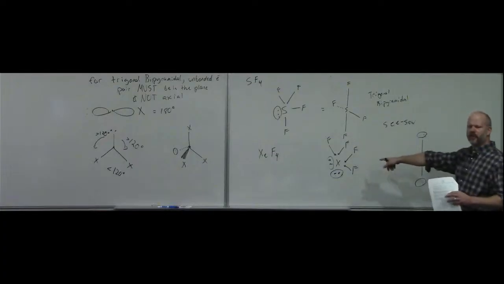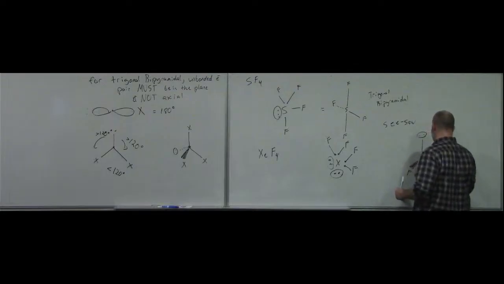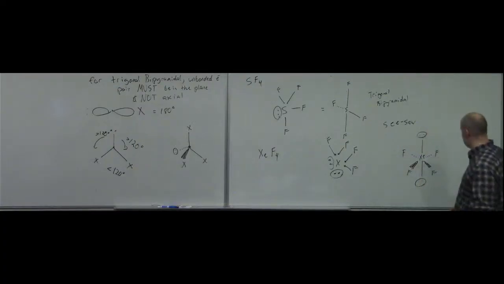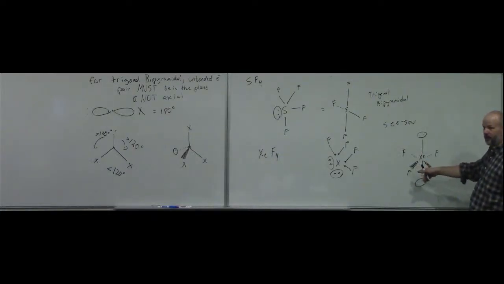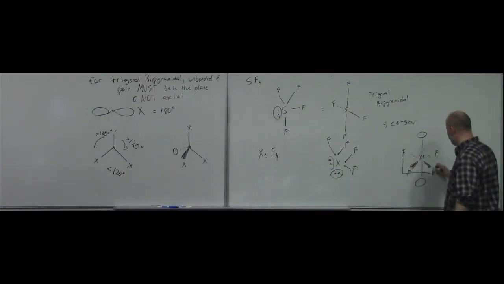I'm sorry, I'm just treating this like I had 3 again. So F, F, F, F. When I get rid of these 2 unbonded, it's going to be planar. Square planar. Yeah, I'm trying to say tetraplanar. Square planar is what it's going to be because we can play connect the dots.